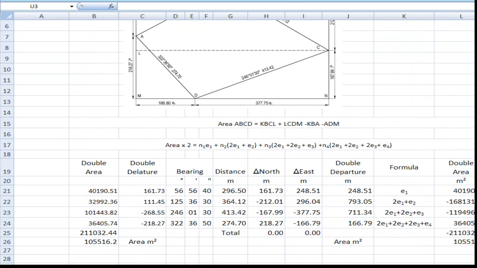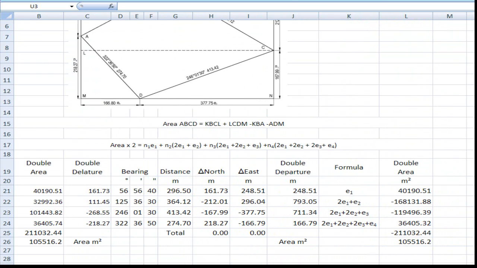Now if we zoom in a little bit, we'll get down to our actual calculation. These are the bearings and distances, and we just run them out as we do traditionally in a traverse. I've been using Excel here, so I've put these in as individual values in the cells.